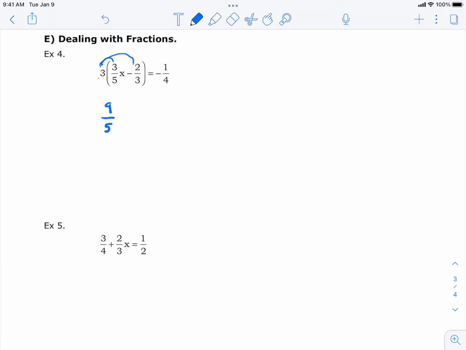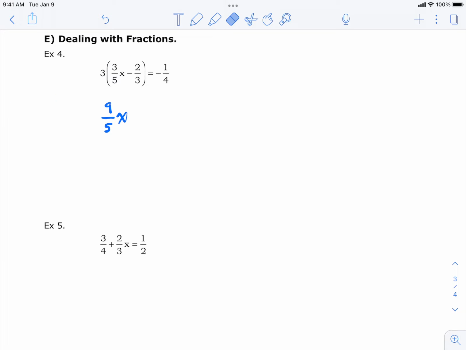Think of the 3 as like 3 over 1. Any whole number, you can put a 1 underneath. And so when you're multiplying 3 over 1 times 3 over 5, multiplying straight across, you get 9/5. Okay, so the 3 times the 3/5 x is 9/5 x, and I should really put the x there. 9/5 x.